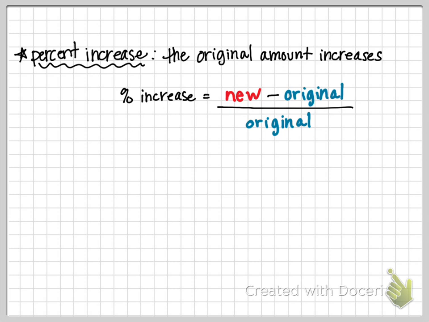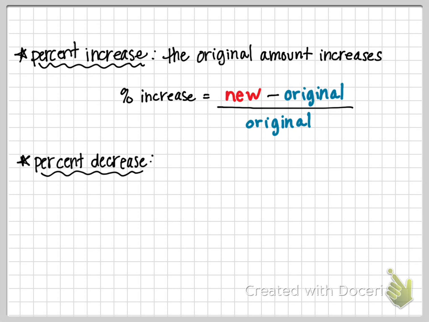So if you started with $60 and you were given $15, now you have $75. You take that new amount, which is more, $75, minus the original amount that you had, $60, and you divide it by the original. So the new amount for percent increase, the new amount minus the original amount, and then you divide by the original amount. That will give you a decimal, and then you change it to a percent.